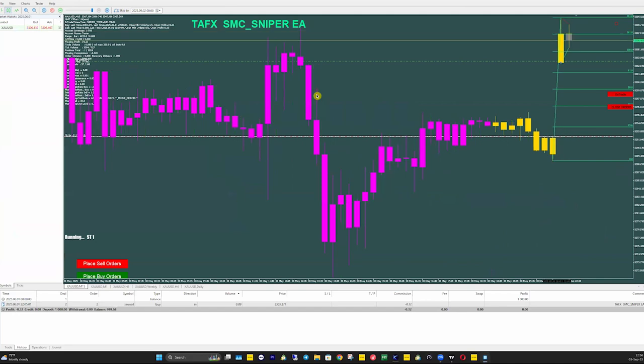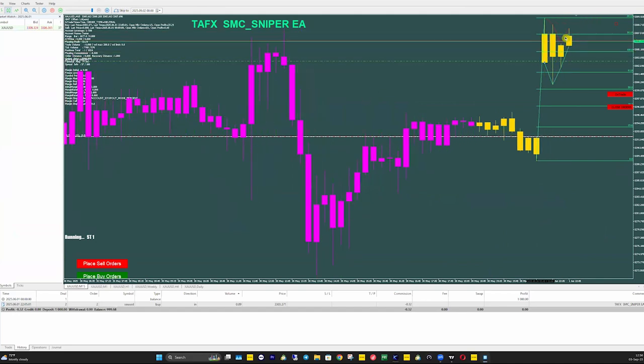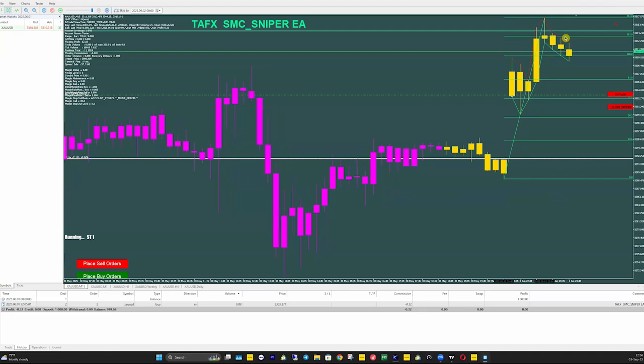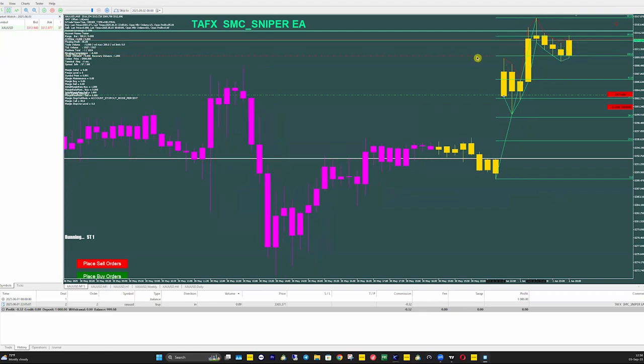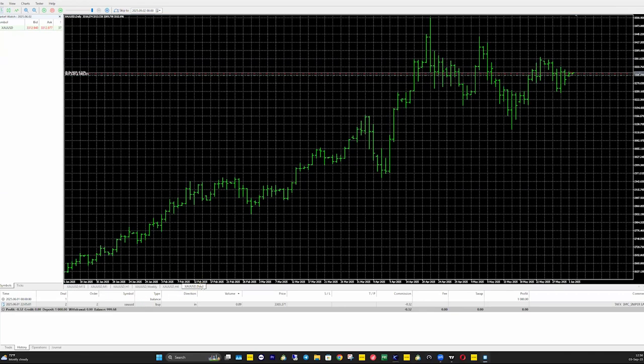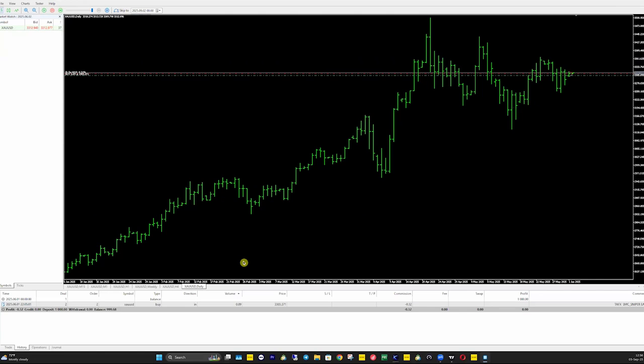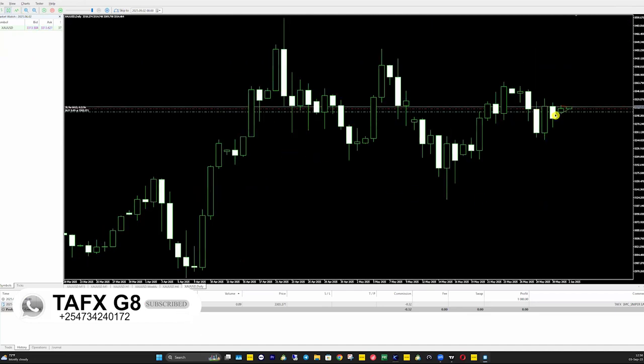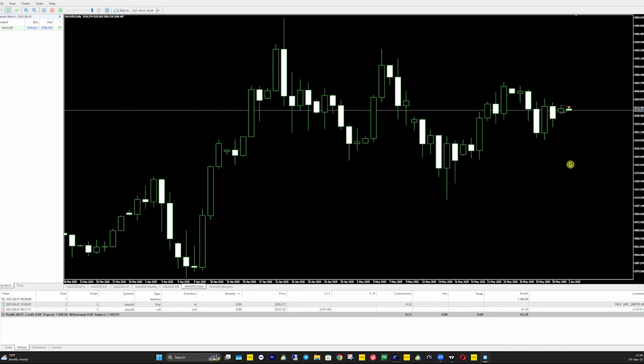So 50% is what comes by default, but it is good to understand that you can increase it. So that is what you really need to know. This is 50% of the previous day, and you are good to do some good scalping.